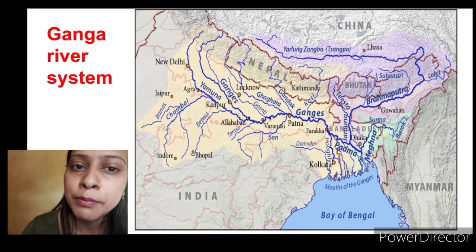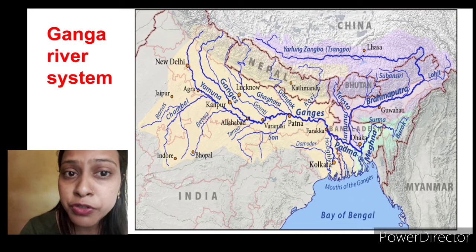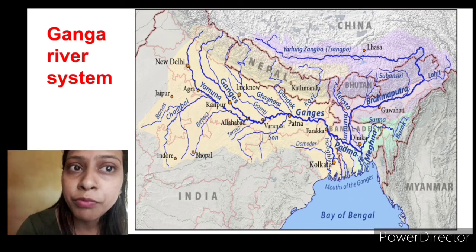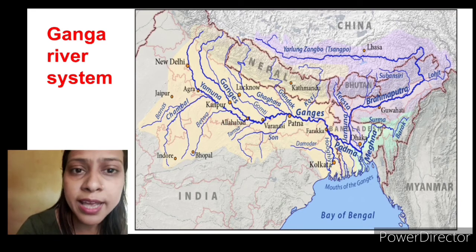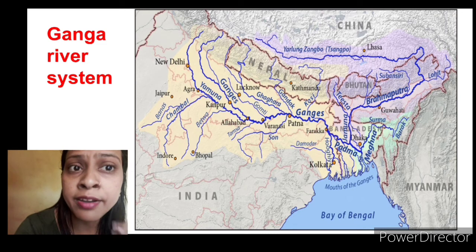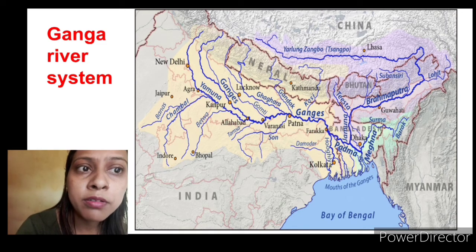Some of the Himalayan tributaries of river Ganga are Yamuna, Ghagra, Gandak, Tista, Kosi, etc. And peninsular tributaries include Chambal, Betwa, Son.